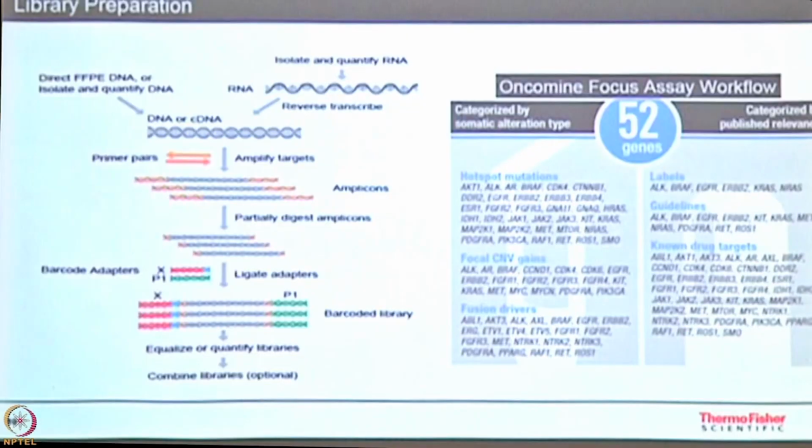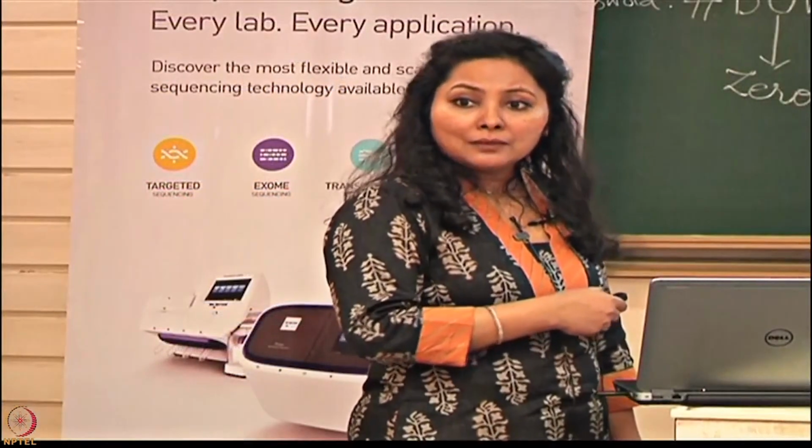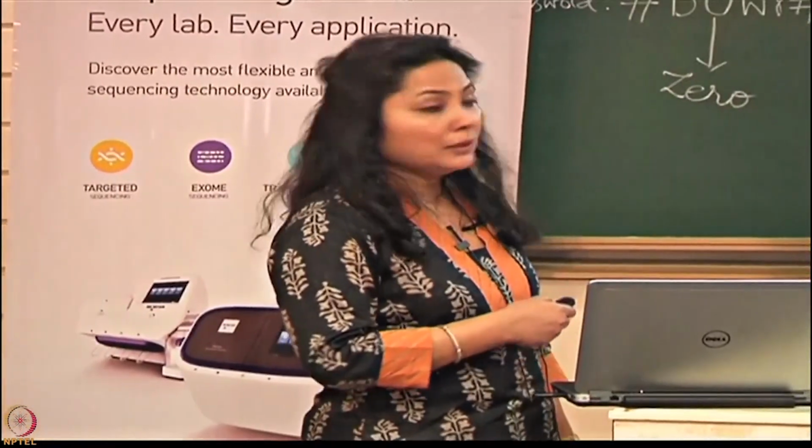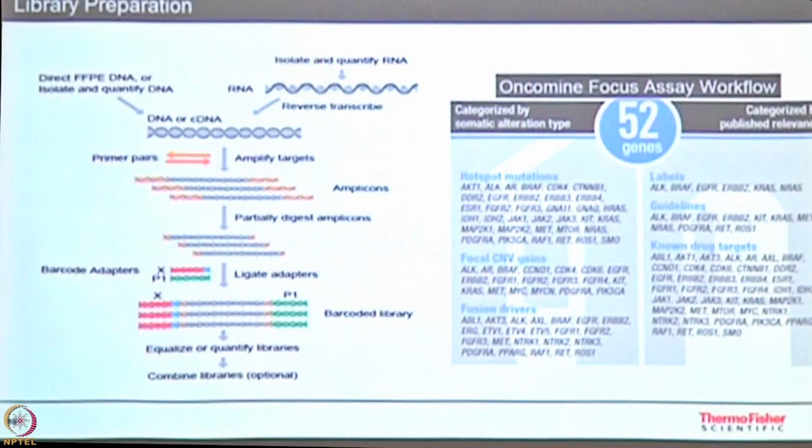So just coming into a few details on library preparation. Since you are targeting variations at the DNA level as well as at the RNA level, you isolate DNA and RNA. Then you reverse transcribe this RNA. So now you have DNA or cDNA.